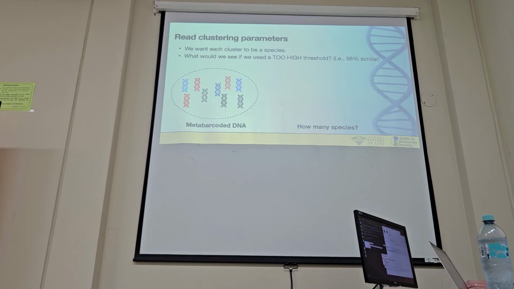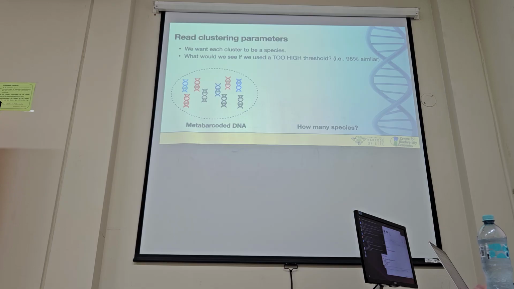Can I repeat? Yes. So if we used a very, very high threshold, let's say 99%, and we have these 9 different types of DNA molecules, and our threshold was too high, how many species or how many clusters do you think we might get?